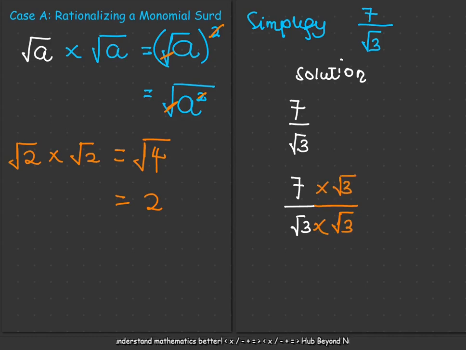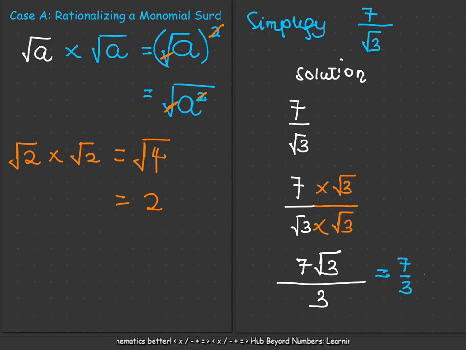The square root of 3 times the square root of 3 gives us what? 3. Then 7 times root 3 gives us 7 root 3. So our answer has become 7 root 3 over 3.